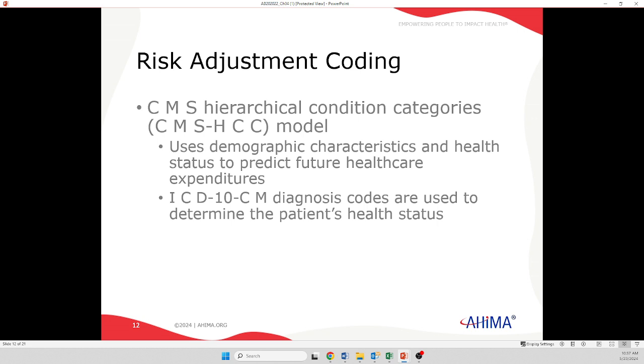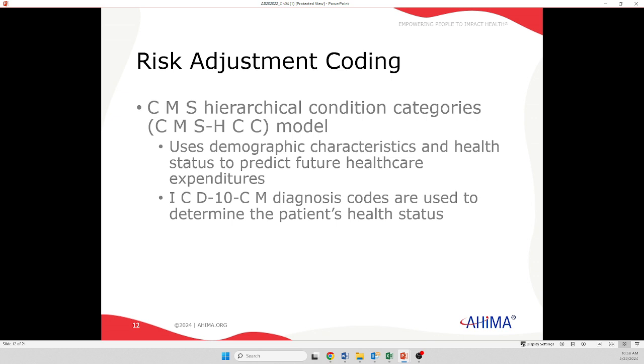So next we have something called risk adjustment coding, and this is our CMS hierarchical condition categories, CMS-HCC. It uses demographic characteristics and health status to predict future healthcare expenditures.